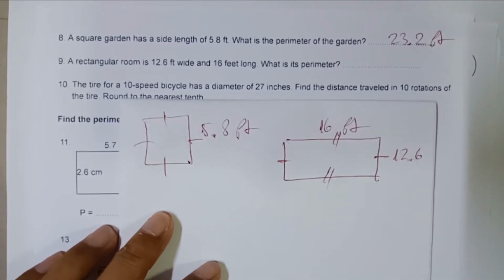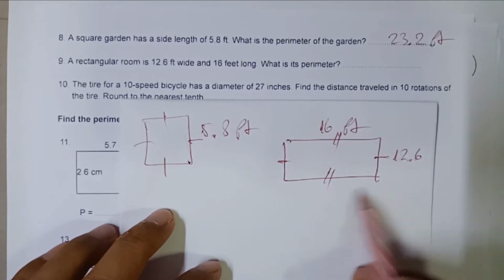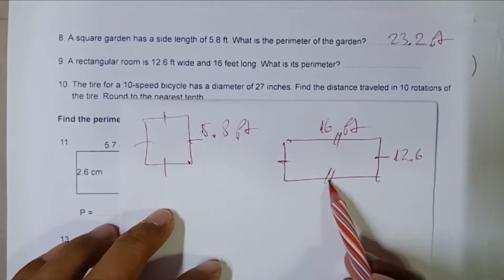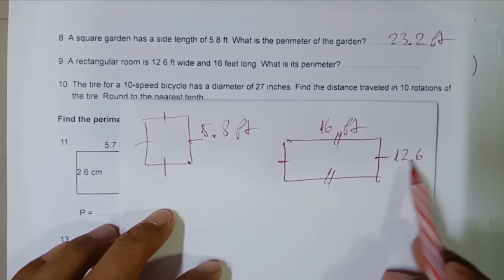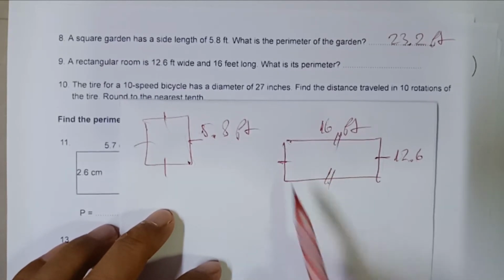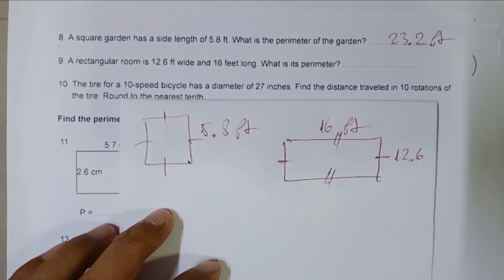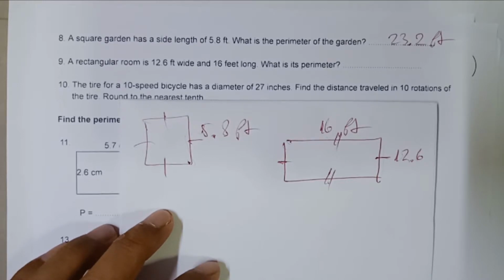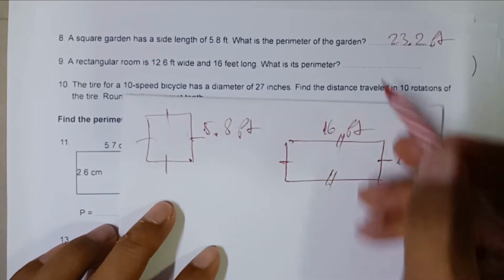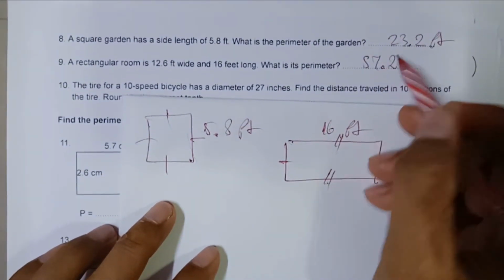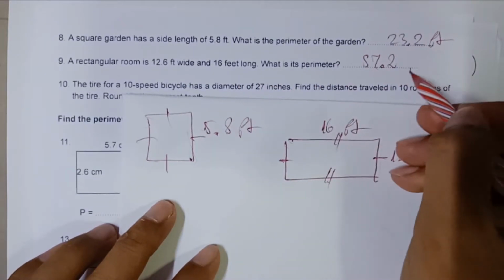So to find the perimeter, the distance around the figure, you have 16 plus 16 plus 12.6 plus 12.6, or just 16 times 2 plus 12.6 times 2. That will give you 57.2. This is in feet.